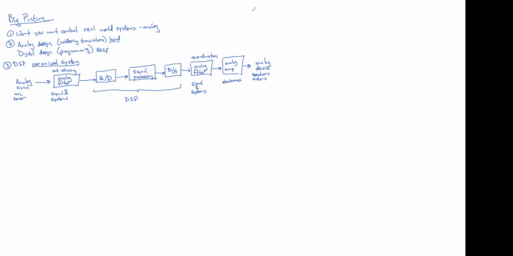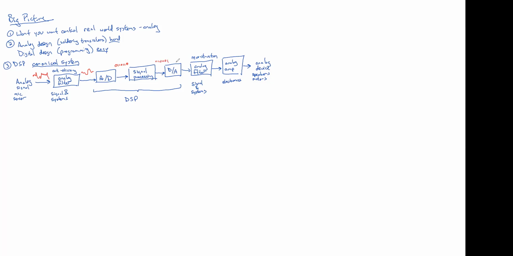So just as an example, your analog signal coming in might look like this. After the anti-aliasing filter, it looks smoother. It gets rid of that fine stuff. Now, after the A to D conversion, you've got individual bits, more individual bits after your signal processing.